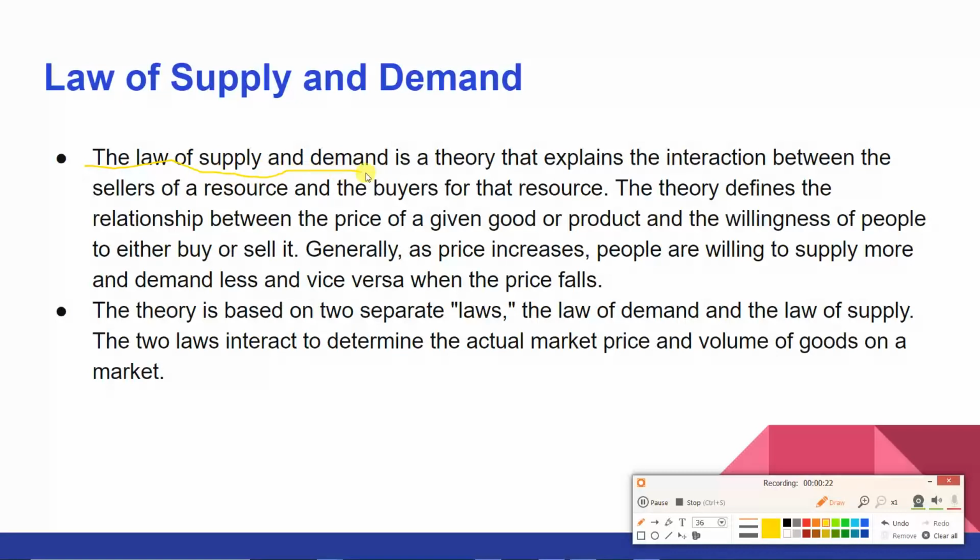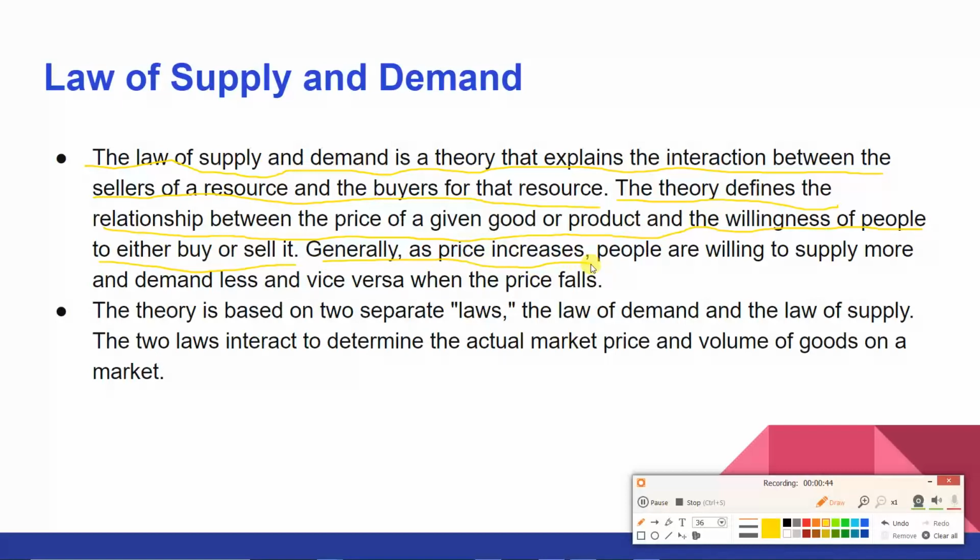The law of supply and demand is a theory that explains the interaction between the sellers of a resource and the buyers for that resource. The theory defines the relationship between the price of a given good or product and the willingness of people to either buy or sell it.